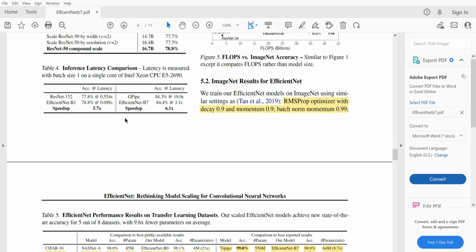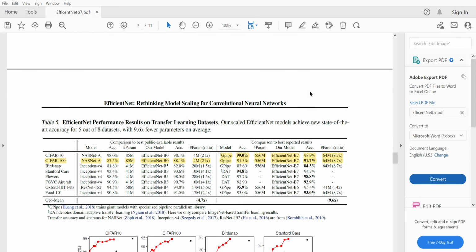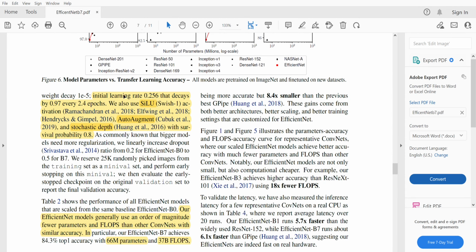This is a table, you can go through it. Then we train our EfficientNet models on ImageNet. They train the models on ImageNet using the RMSprop optimizer with decay of 0.9 and momentum of 0.9, batch normalization, and an initial learning rate of 0.256.